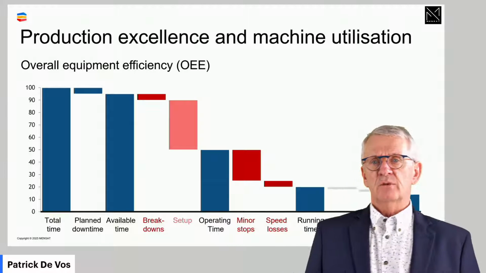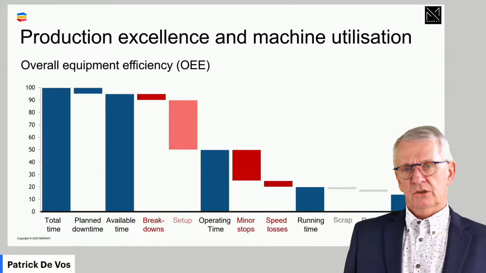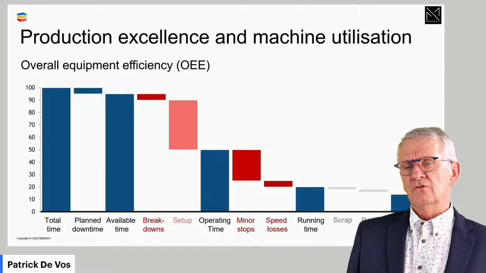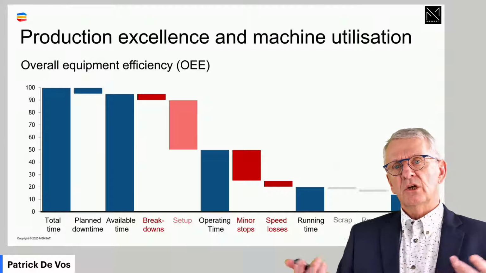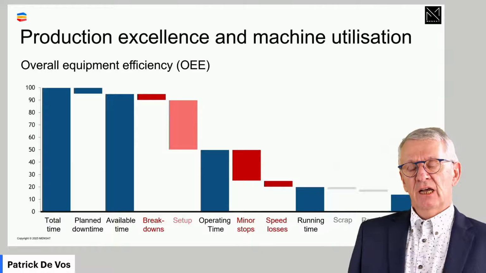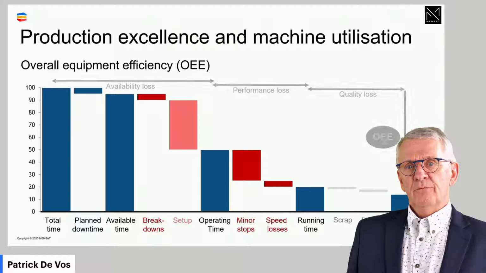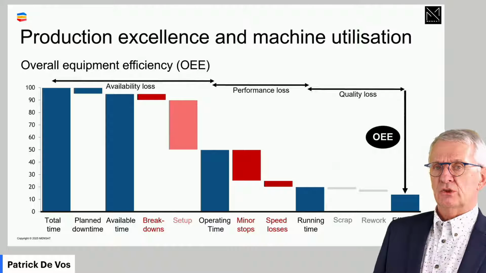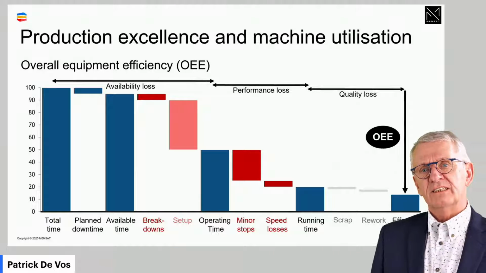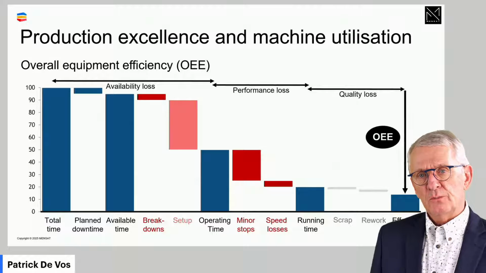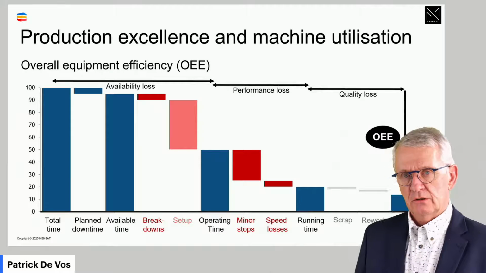And part of the time the machines are producing workpieces, luckily, but part of those workpieces we have to decide not to deliver to customers because there is something wrong with the quality specifications. In the end, there is X amount of time that a machine actually is doing what it is supposed to do, what it is bought for in the first place, that is producing correctly finished workpieces that are sellable to customers.